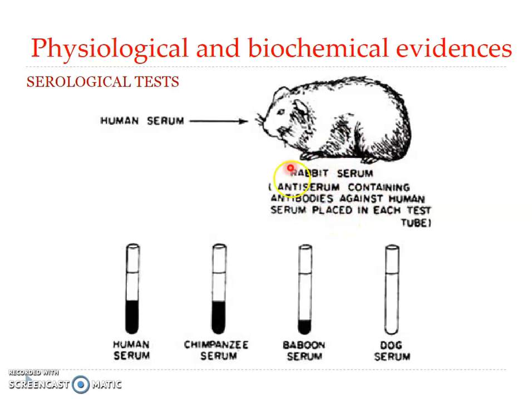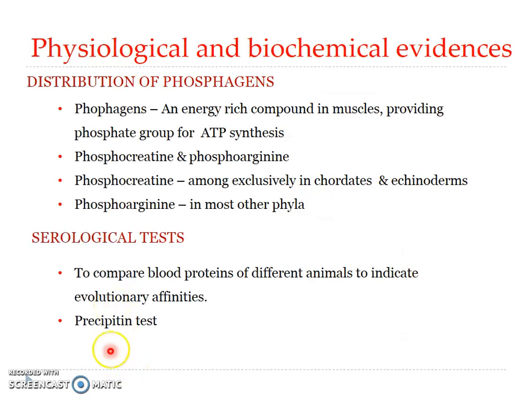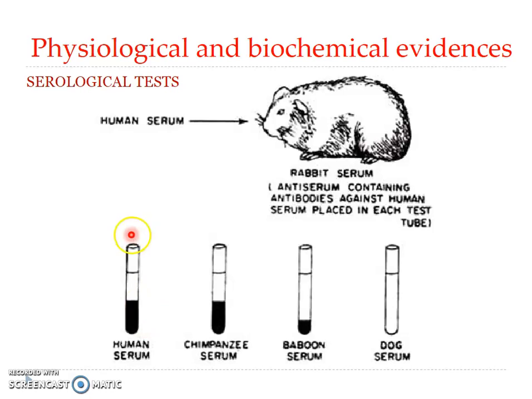So this serum is known as the antiserum, which contains antibodies. Now this antiserum is mixed with human serum. What happens here is an antigen-antibody reaction resulting in the formation of a white precipitate. Hence this test is otherwise known as the precipitin test.